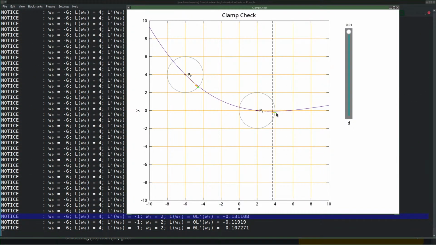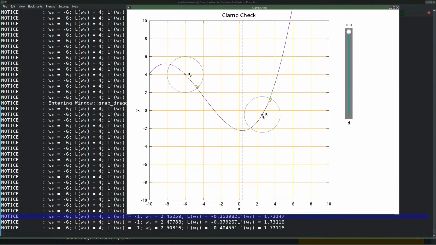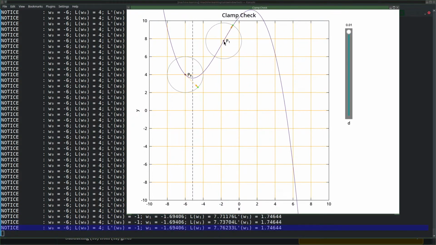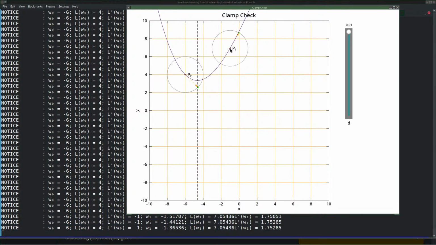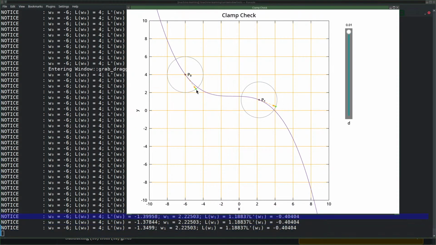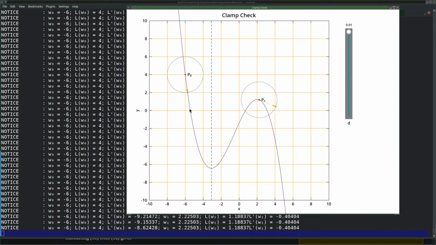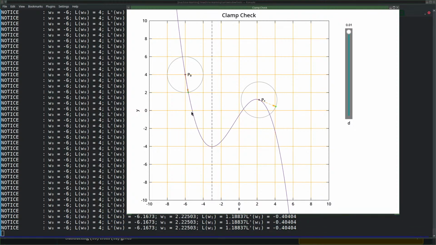The vertical line is the minimum, ish. Okay, so it is possible that we do have a minimum, but not in between P0 and P1.